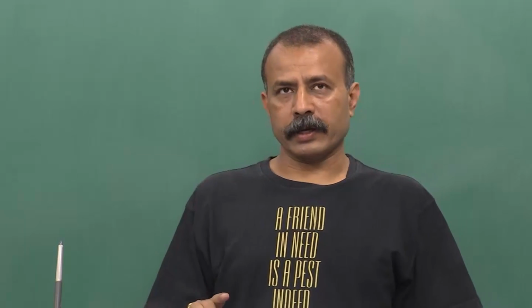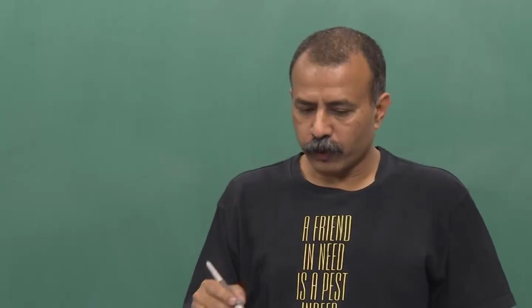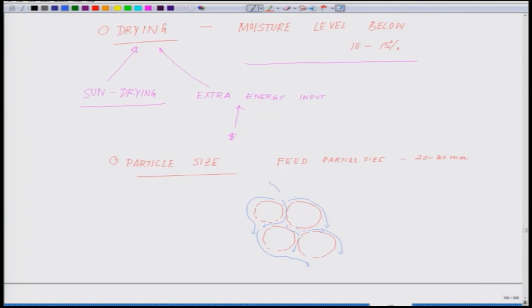That gives us an idea that if I reduce this size to this much, more and more area will be covered by the gas molecules, or the reaction area will be much higher.